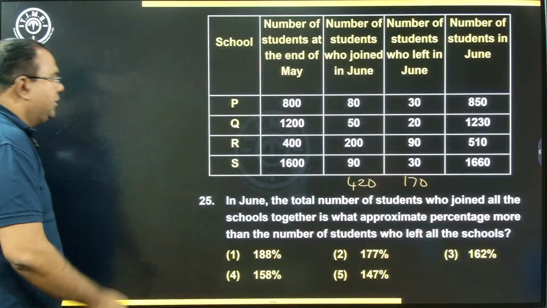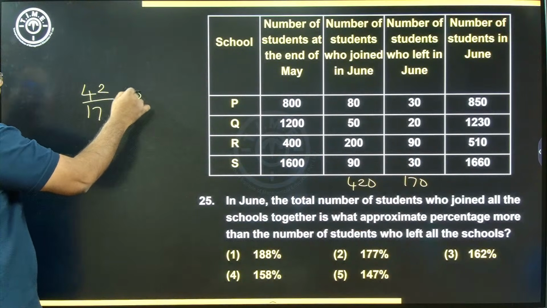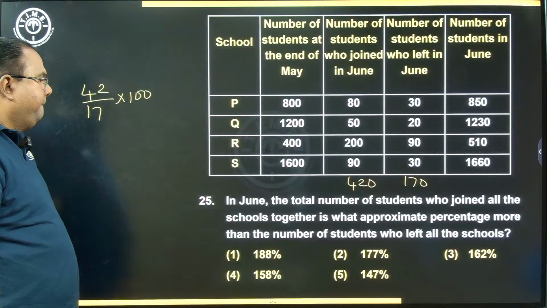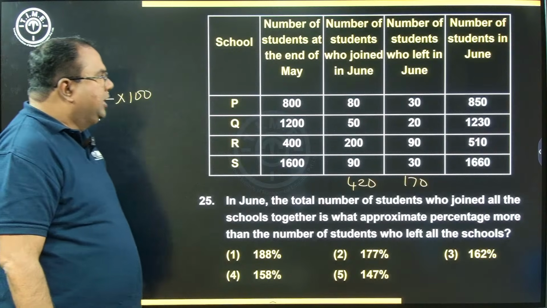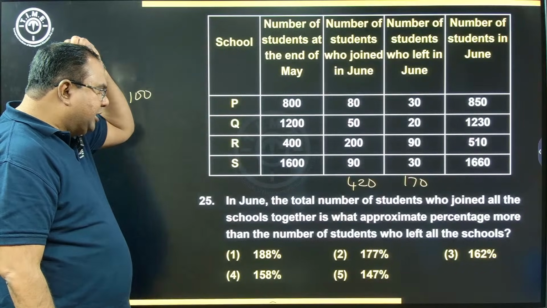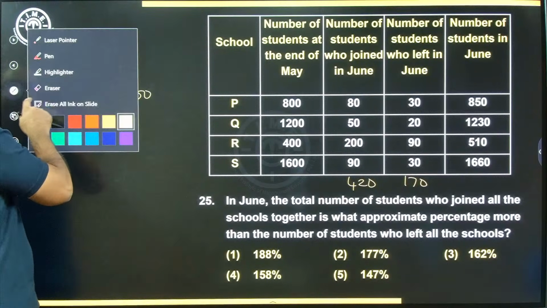So I can ignore that 0, 42 by 17 into 100. Simplify this. Joined all the schools together is 200, 170, 220, 420. Sorry, my mistake.